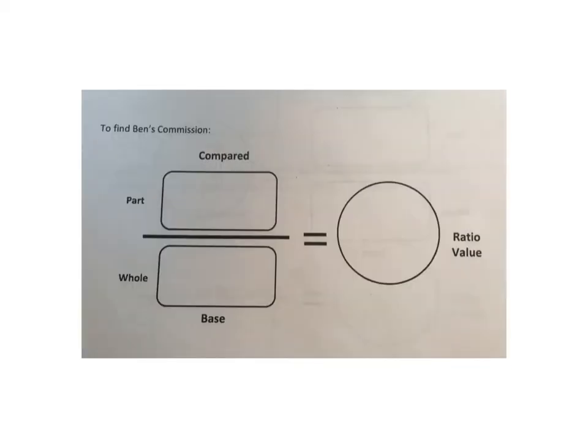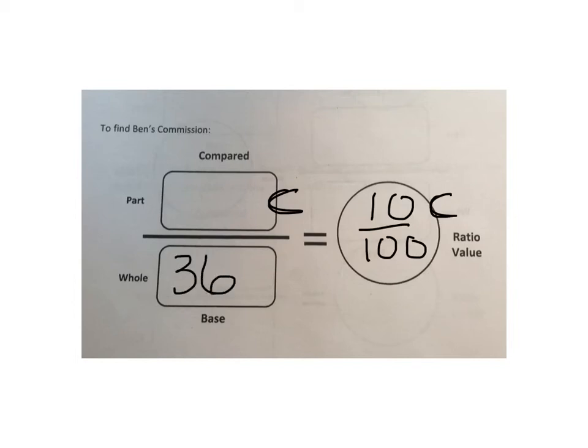Okay, Ben. So remember, Ben was 10% out of 100. So percent's always over 100. That's his commission. Over here's the commission. And he sold $360 worth of stuff. So that's going to be my bottom number. That's the total sale. We have to multiply across and divide. So you're going to take 360 times 10 and then divide by 100.